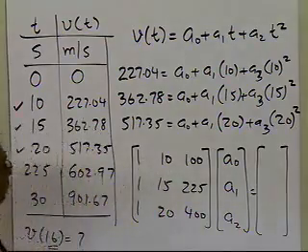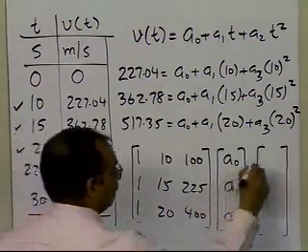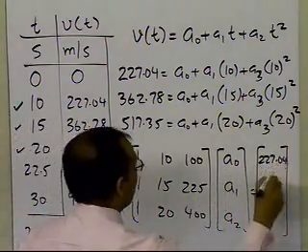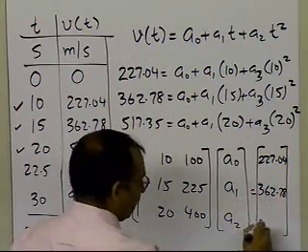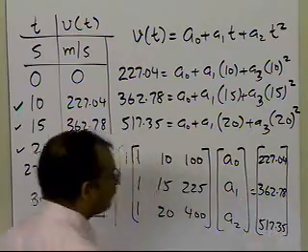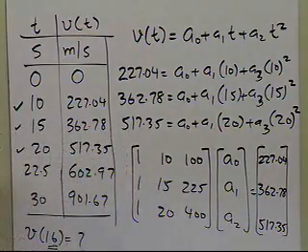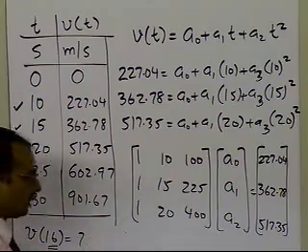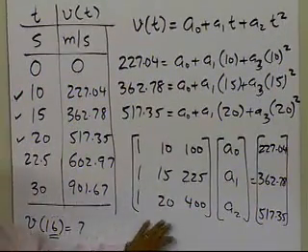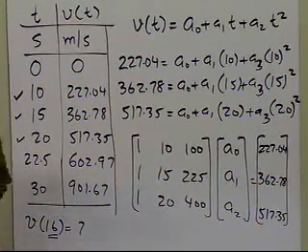And the right hand sides will be the velocity numbers which I have, 227.04, 362.78, and 517.35. So I get 3 equations, 3 unknowns. And what I need to do now is take those 3 equations, 3 unknowns, and solve them by using any of the methods which I have learned in simultaneous linear equations, whether it's Gauss elimination or the Gauss-Seidel method.